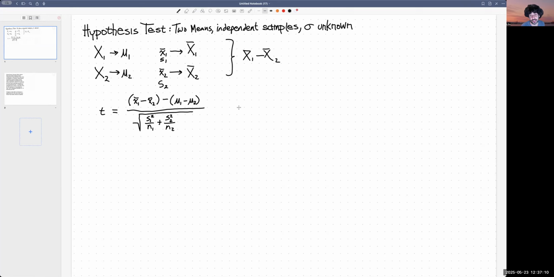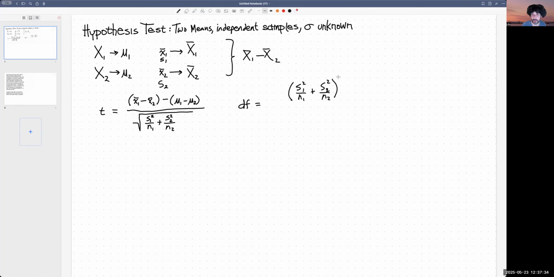When we have a student's t-distribution, we also need degrees of freedom. And so this is a relatively complicated formula that I'll just write out. We have something similar to what we saw in the denominator over there. We're taking these standard deviations squared, dividing them by their sample sizes and adding them together.